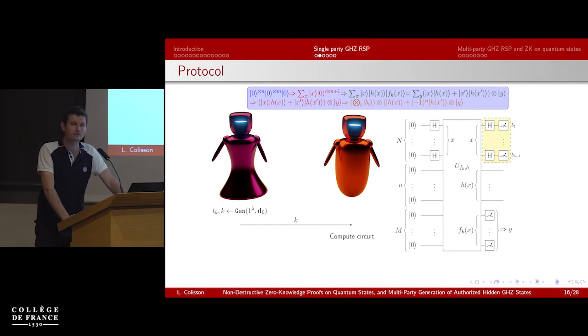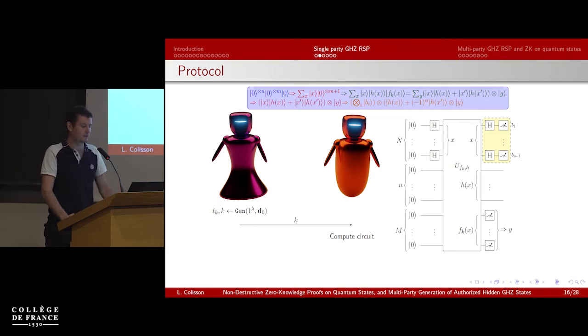But remember, we would like to have some hidden GHZ states, so we need to continue to work on that state a bit more. First, we want to get rid of that part of the first register, so we'll measure that register in the Hadamard basis.